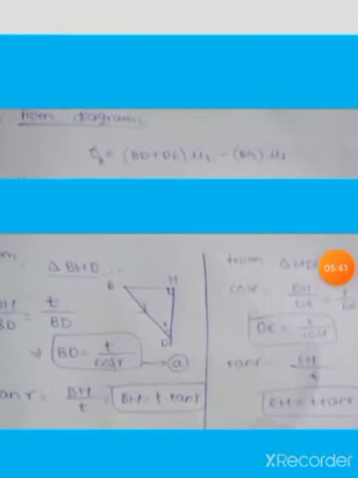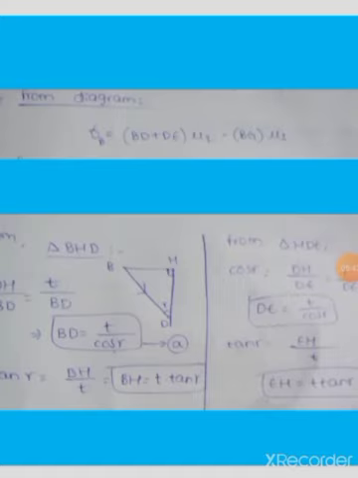From triangle BCE, consider sin I equals opposite side by hypotenuse equals BC by BE. We know that BE equals BH plus HE, which on further simplification gives BC equals 2T sin I into tan R. Now substitute all the results in the equation delta equals BD plus DE into mu2 minus BG into mu1.